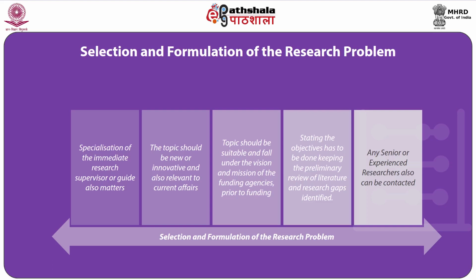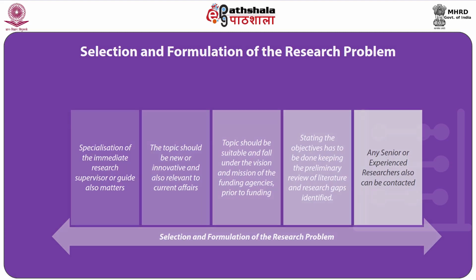Stating the objectives has to be done keeping in mind the preliminary review of literature and research gaps identified. For selection of the problem, earlier reading and experience, review of literature, and discussion with colleagues and fellow researchers, the research supervisor and any other senior or experienced researchers can also be contacted.